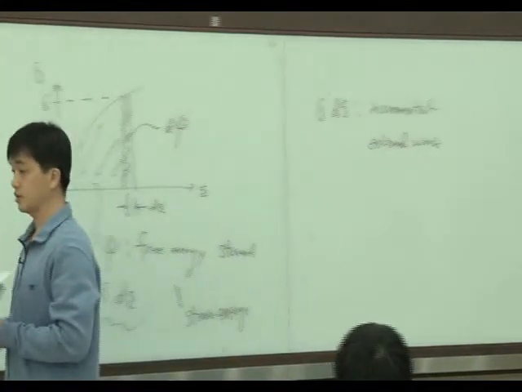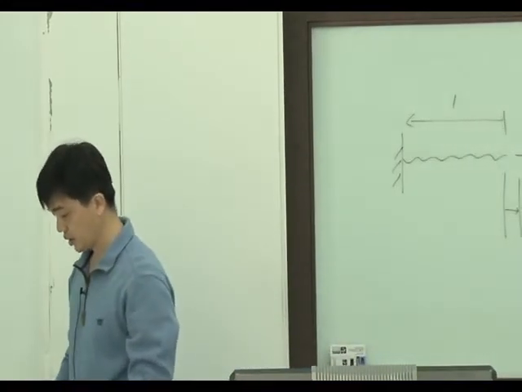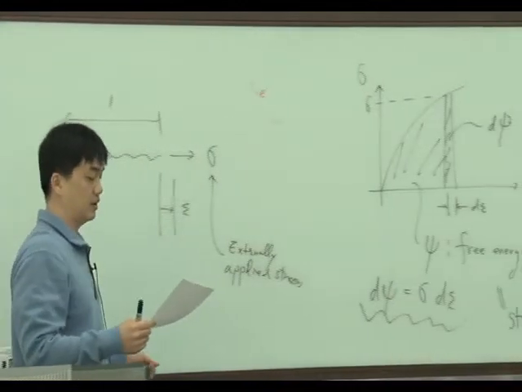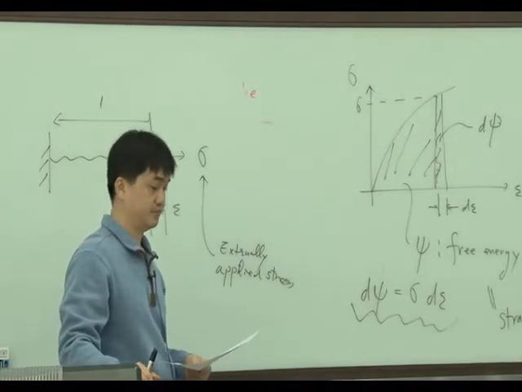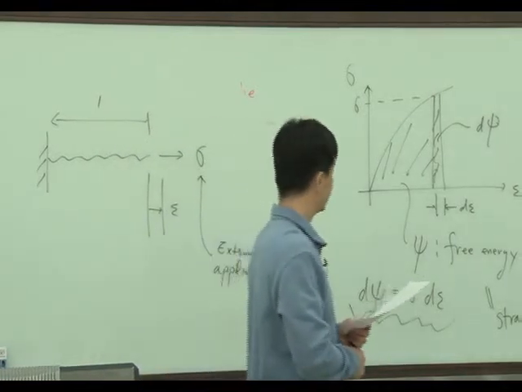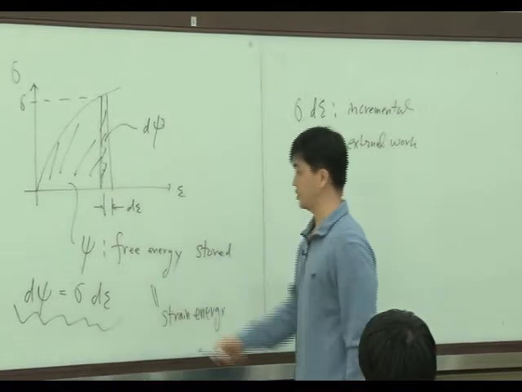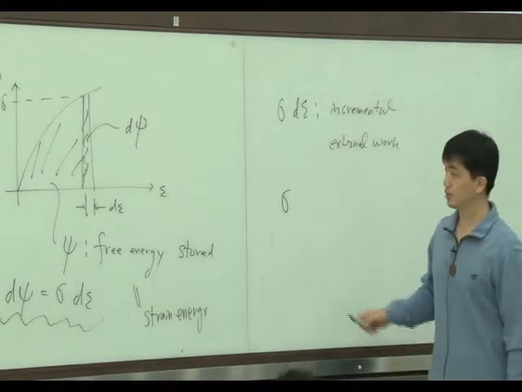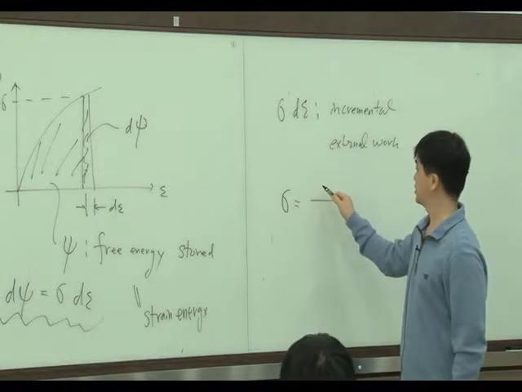So the externally applied work will be stored in the body or the spring as free energy. If we look at this equation, we can simply find that stress can be calculated from that energy.